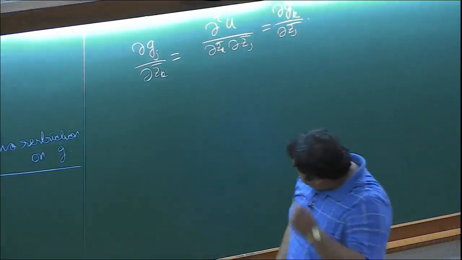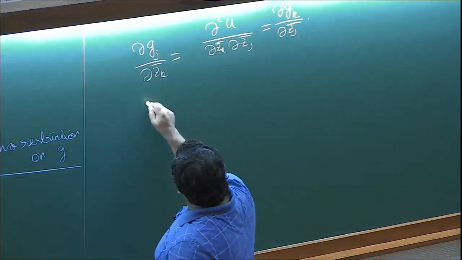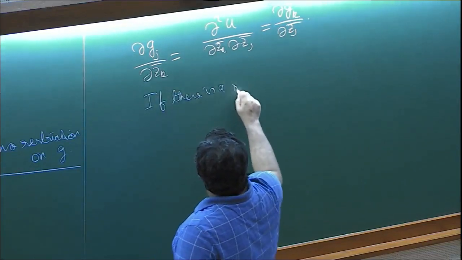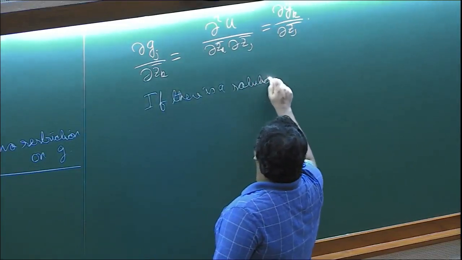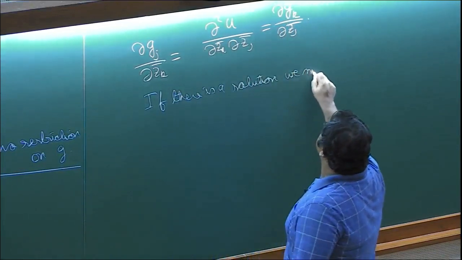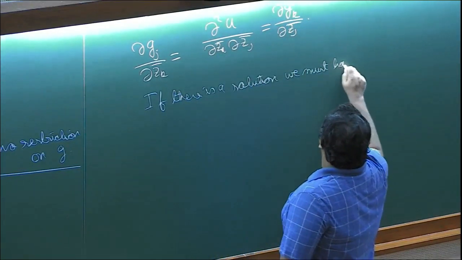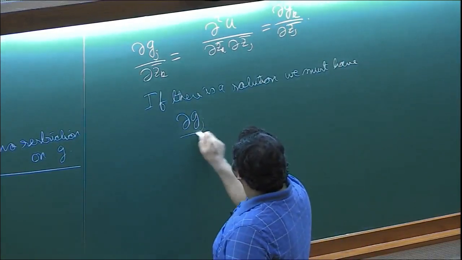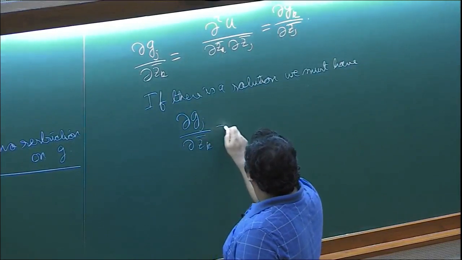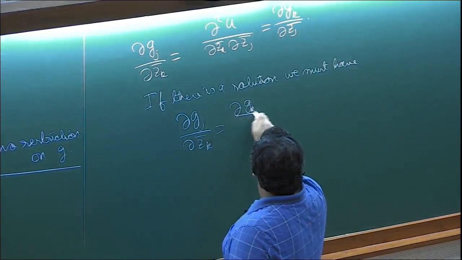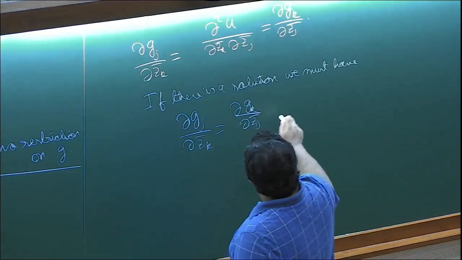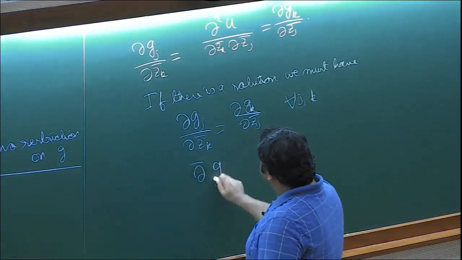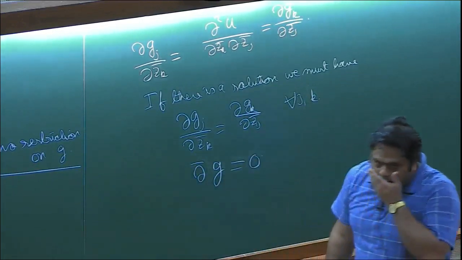So therefore, if there is a solution, we must have, in coordinates, dgj over dzk bar equal to dgk over dzj bar for all j, k, or in terms of the notation for differential forms, d bar g equal to 0.